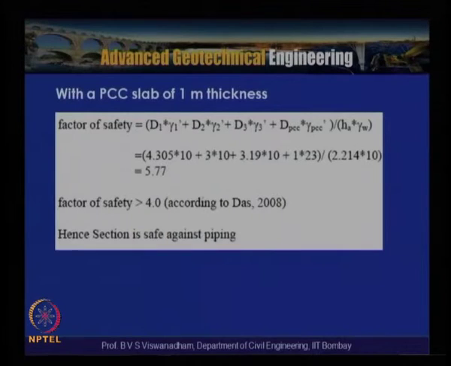Now, consider the same case with a PCC slab of 1 meter thickness. Once we consider the PCC slab, the gamma of PCC is taken as 23 kilonewton per meter cube, with thickness 1 meter. With that the average head is 2.214 meters. Even in the previous case also the average head HA is equal to 2.214 meters. With that the factor of safety increased from 4.74 to 5.77 because of the provision of PCC.